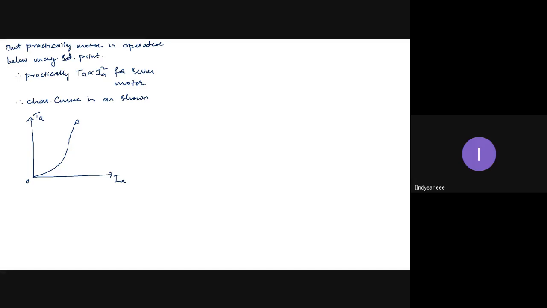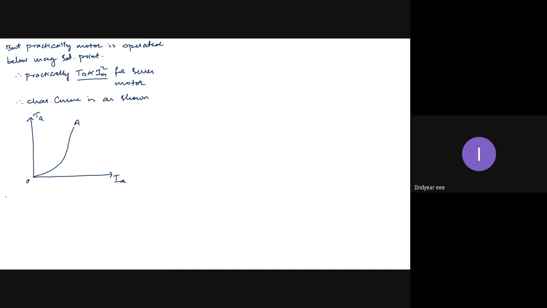Now one more thing we can observe here is, because the torque is proportional to Ia square, if I increase current by twice, torque will increase by 4 times. If I increase current by thrice, torque will increase by 9 times. So I can say the DC series motor has a large starting torque.